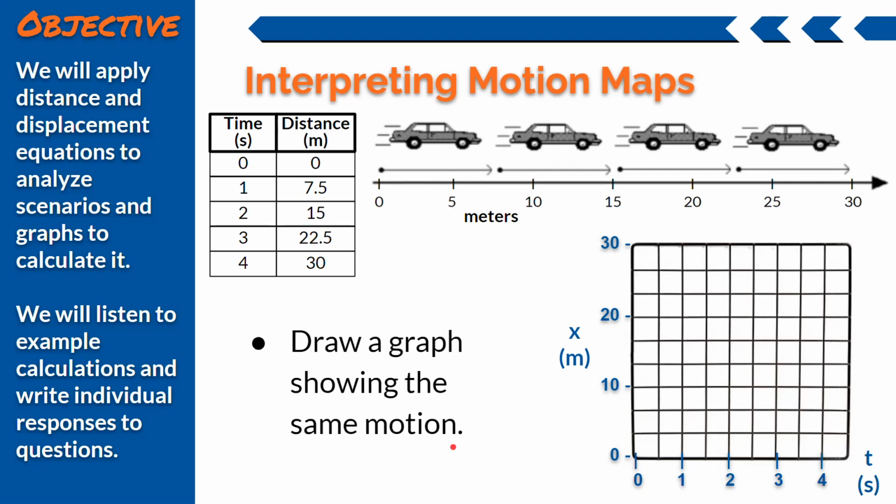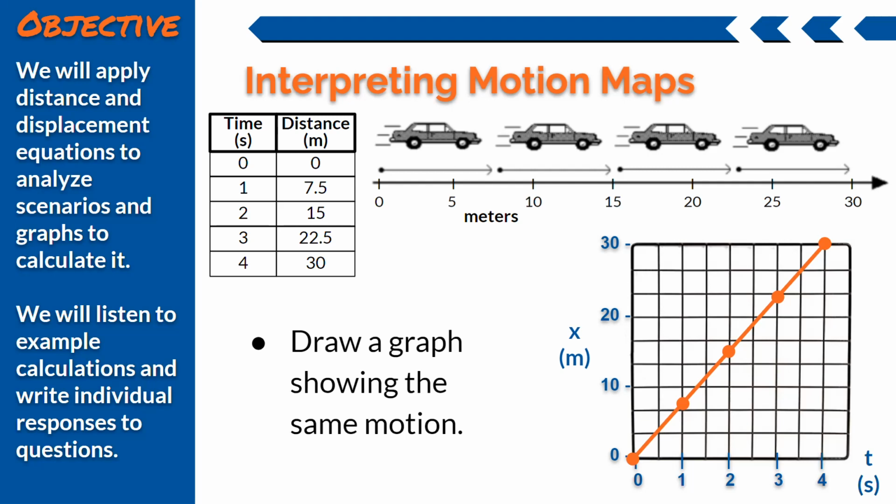Now we're going to plot the points on an xt graph, starting at 0, 0. After 1 second, we're going to go to 7.5, which is about right here. After 2 seconds to 15. After 3 seconds to 22.5. And after 4 seconds to 30. And we're going to have a straight line because we're moving at a constant speed. Each second that passes, we're moving 7.5 meters.